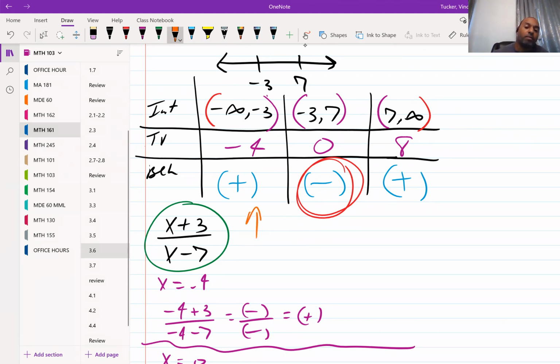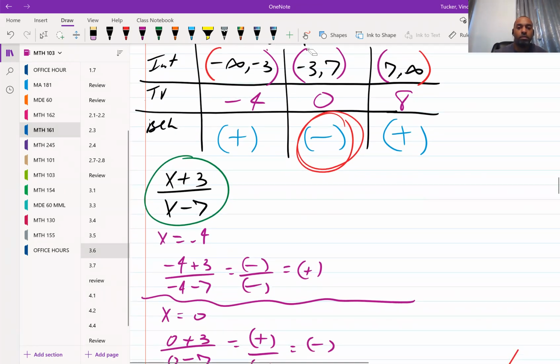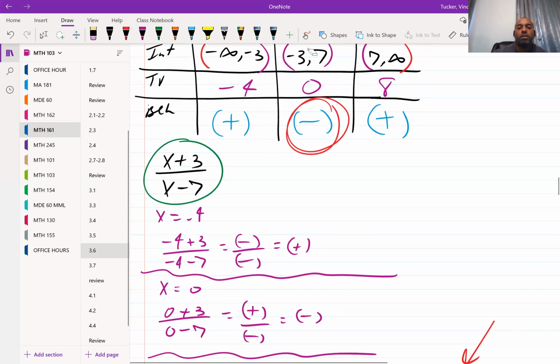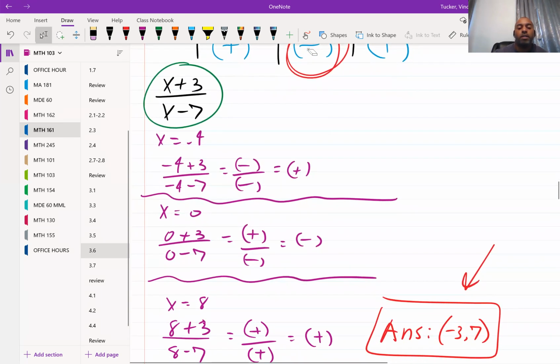So that's how I got that first behavior. Plug in 0, gives me a positive over negative. So that's that right there. And then plugging in 8 gives me positive over positive, just giving me a positive result.